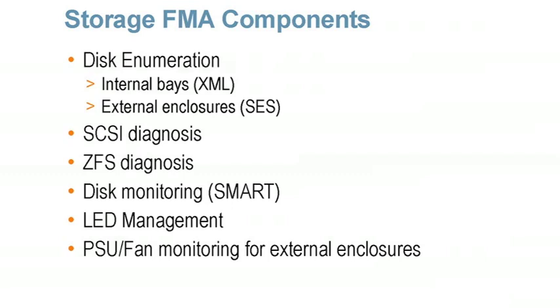So this lets us identify where things are, and then these are the things we can do with it. SCSI diagnosis is looking at the error cases from issuing SCSI commands, looking at check conditions, things with ASC and ASCQ set, figuring out what that means. What we have in OpenSolaris today is a very primitive version of this. There's obviously a lot of interesting stuff we can do here.